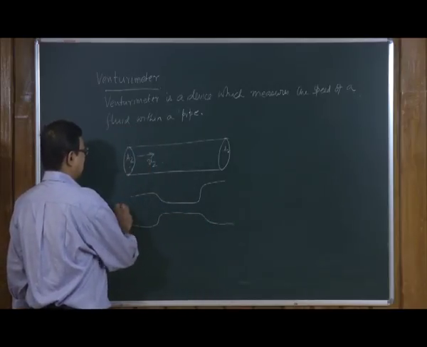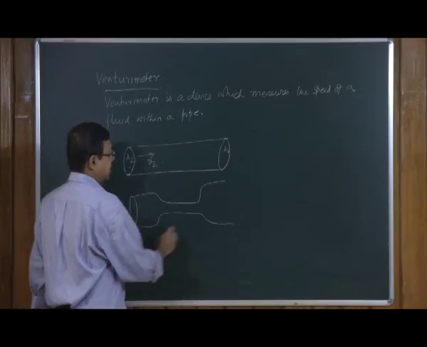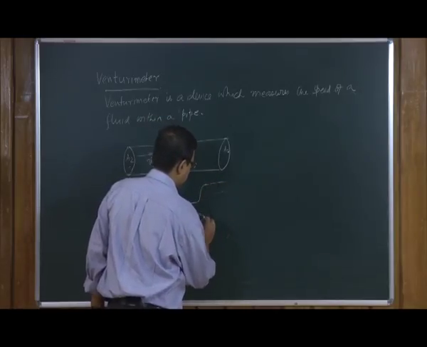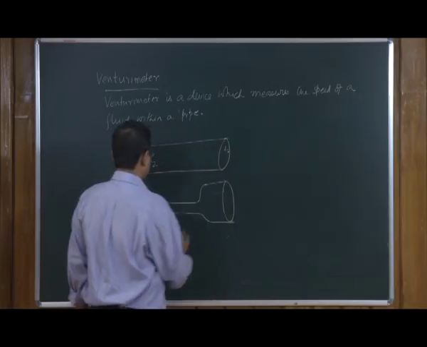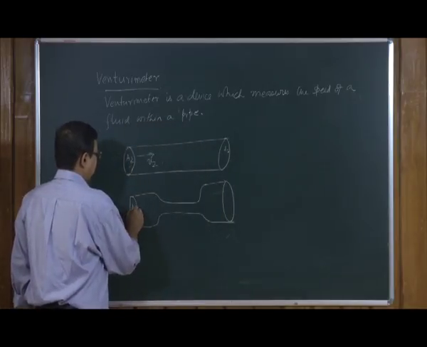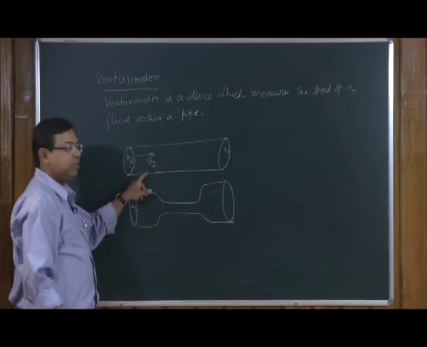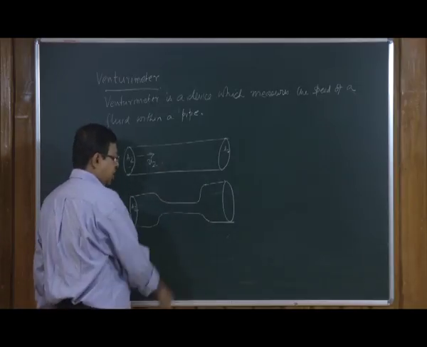It's not drawn exactly to scale, but what I meant is that this is my A2, same as the cross section of this initial pipe, and I have put a constriction here.